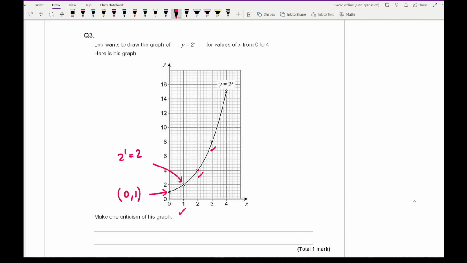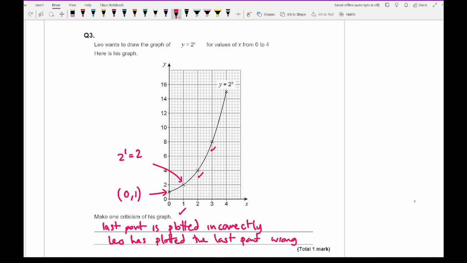So the correct answer, or one criticism we should write, is the last point is plotted incorrectly. You could say Leo's plotted the last point wrong.